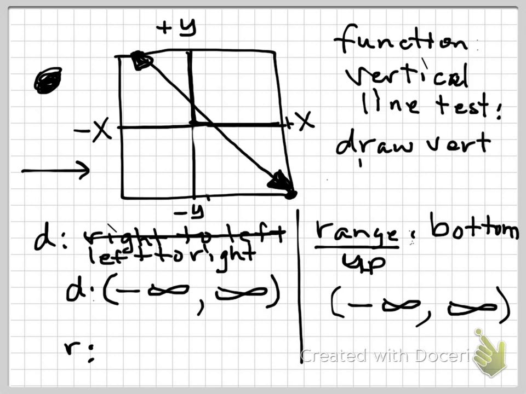And remember, vertical means up and down, right? Okay? And the way you know that the test works is it's only going to cross at one point, cross once. So if you look here, these little lines on the graph are vertical lines, aren't they?